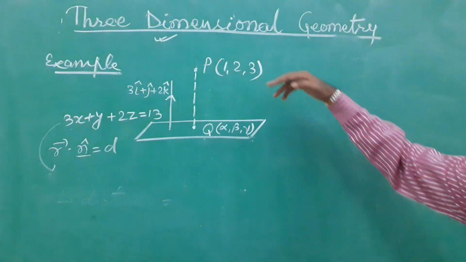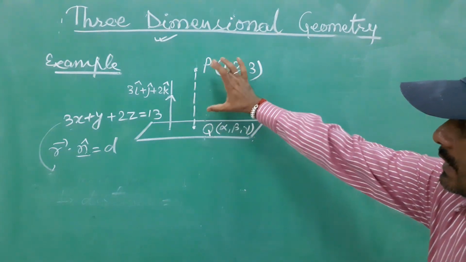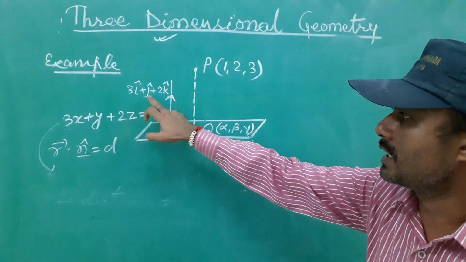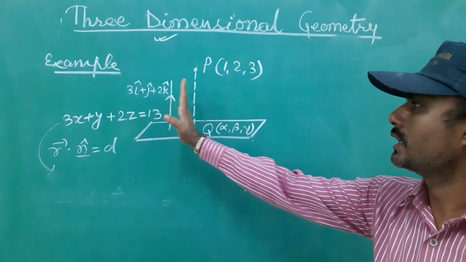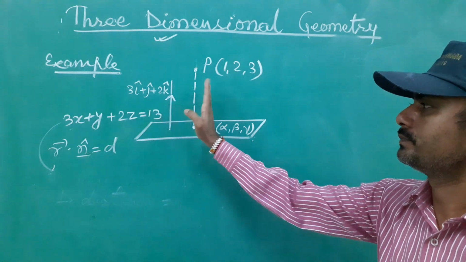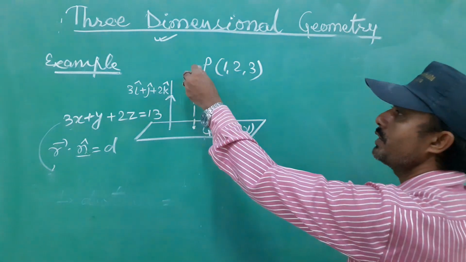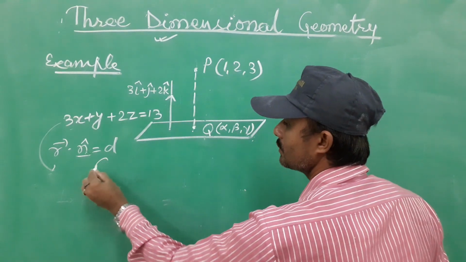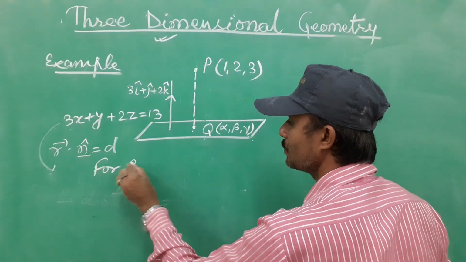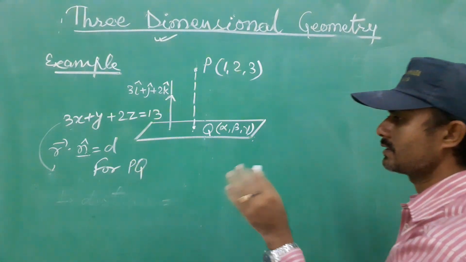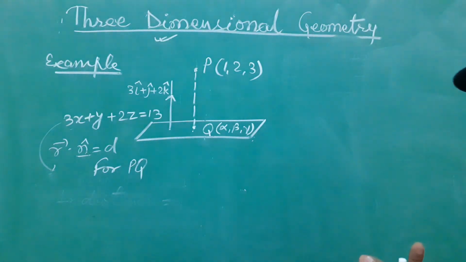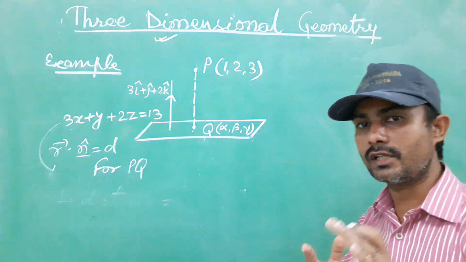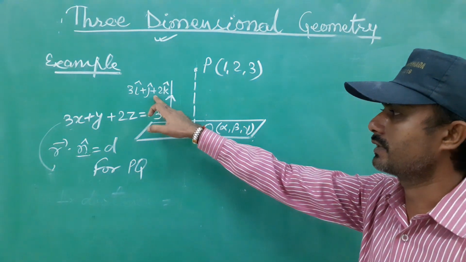Now look, in this condition PQ is parallel with 3i plus j plus 2k. So the direction will be the same. Now we can write the equation for PQ. As for the equation of a line we have r equals a plus lambda b vector, where b is the directional vector.